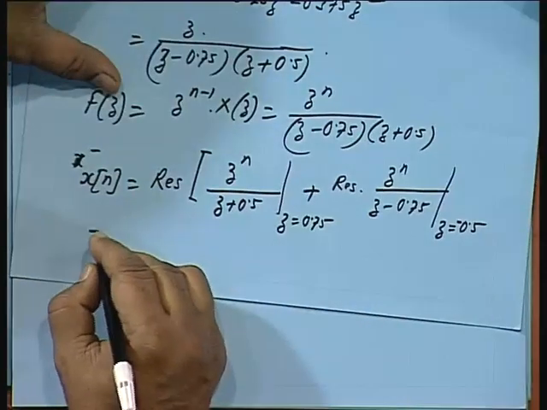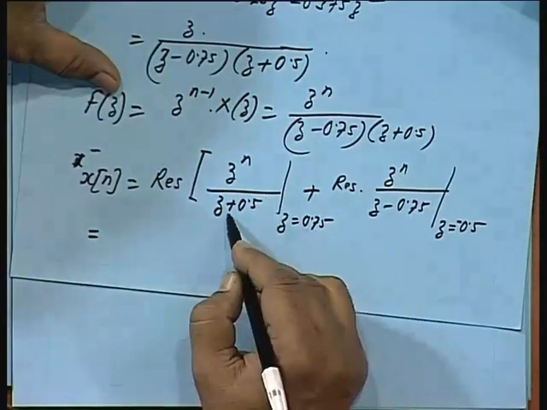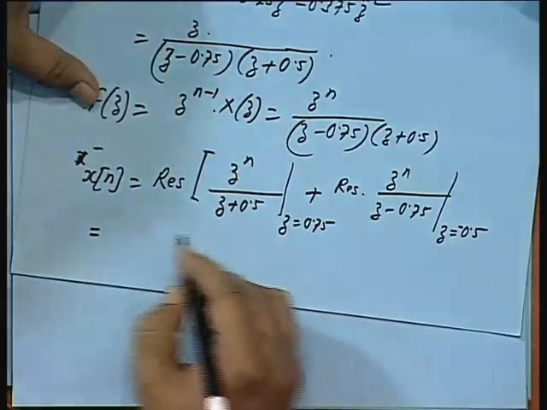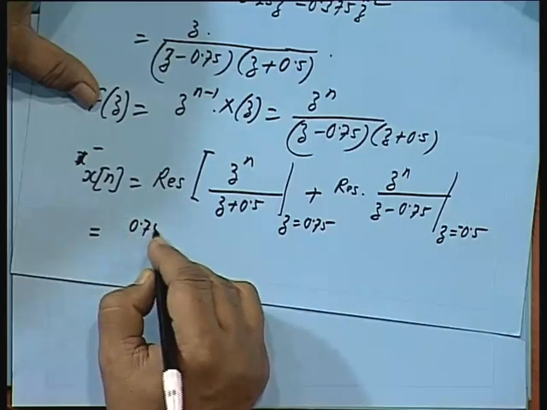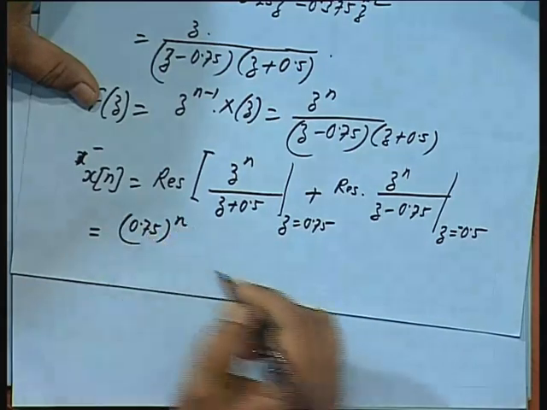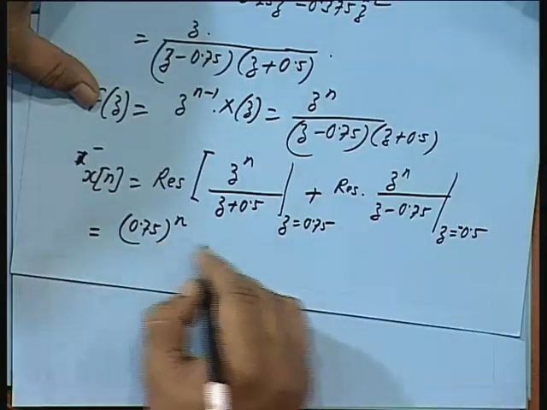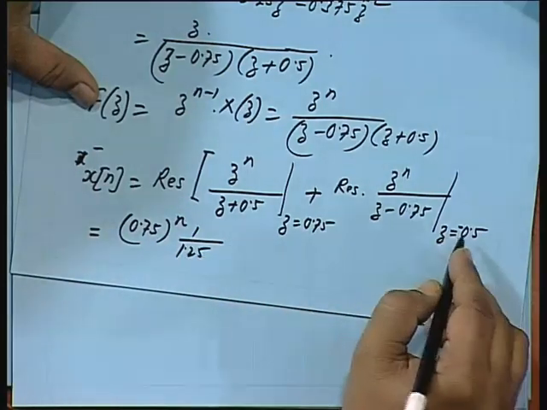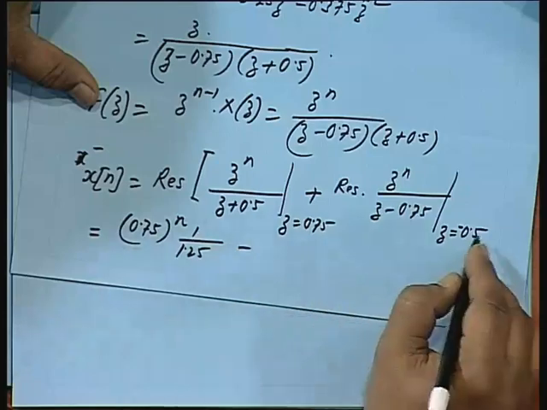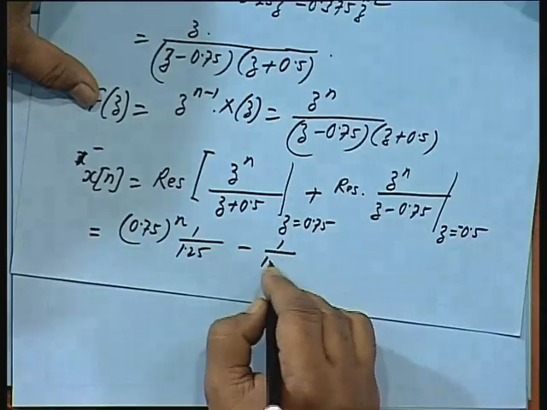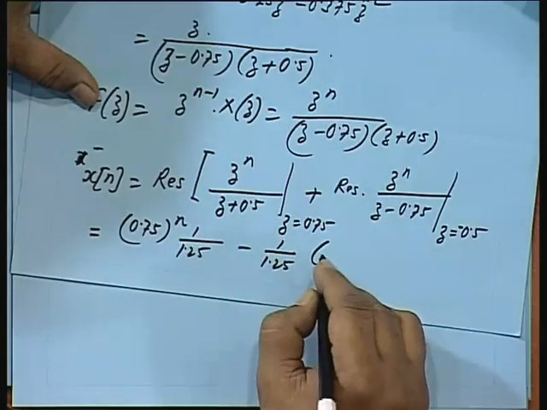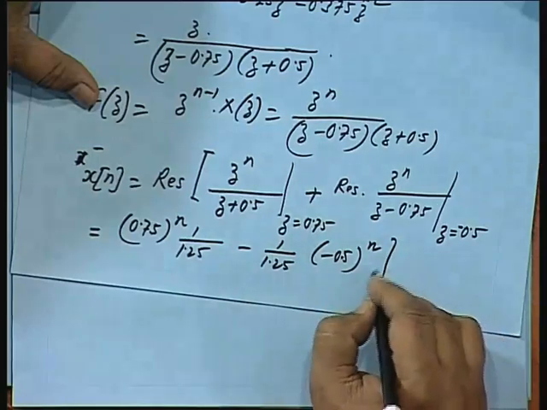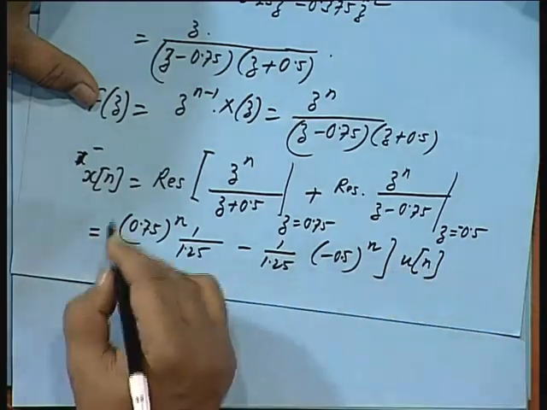So, if I put z is equal to 0.75, it will be 0.75 to the power n by 0.5 plus 0.75, that is 1.25, and minus 0.5 to the power n by minus 1.25 in the second case. So, the whole thing multiplied by u n will be x n.